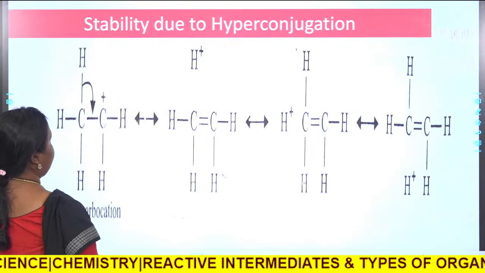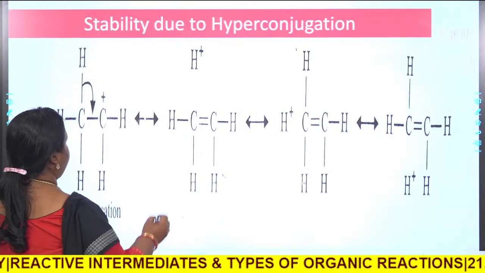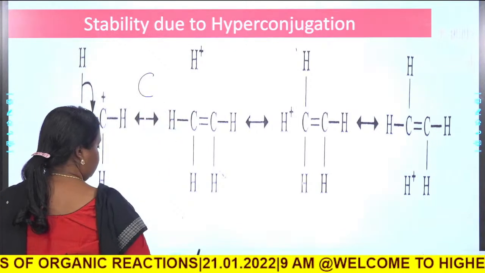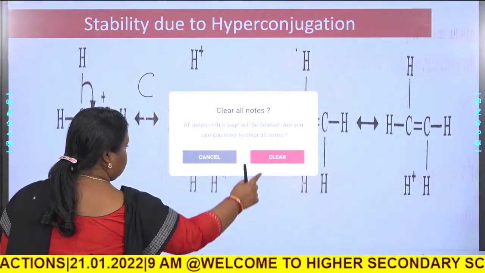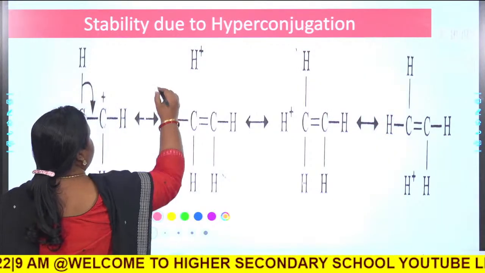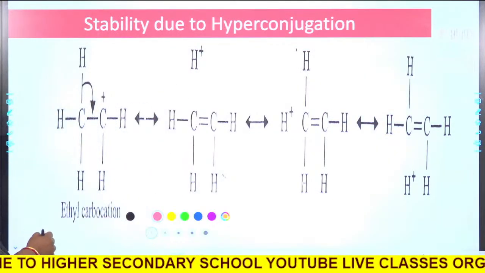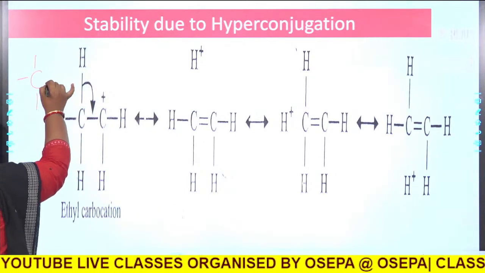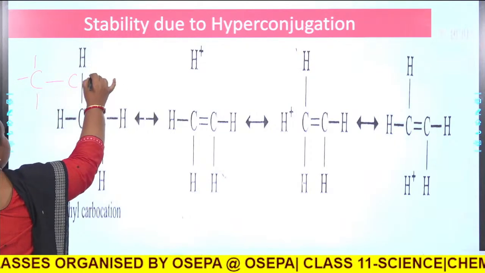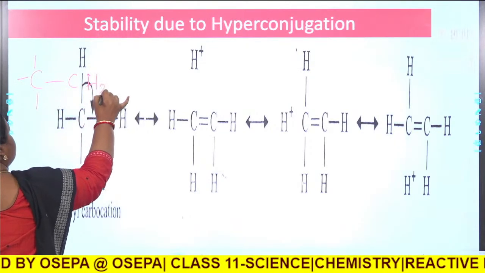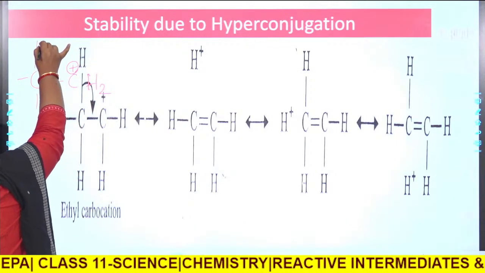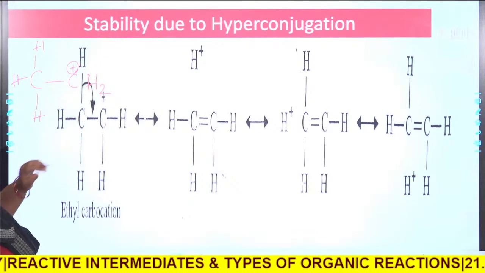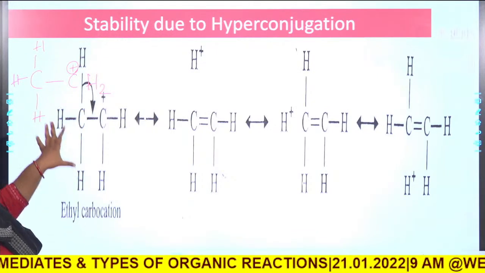Mark, this is actually your ethyl carbocation. In case of ethyl carbocation, how many alpha hydrogens are there?